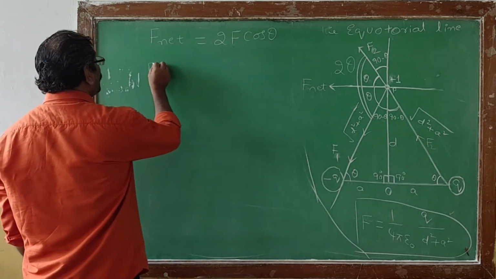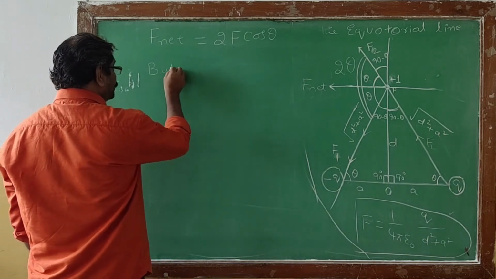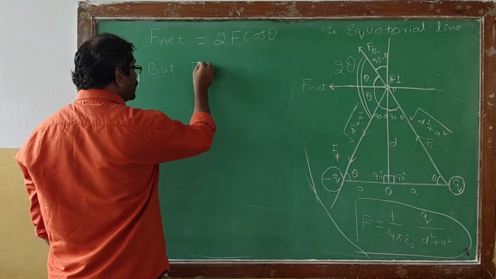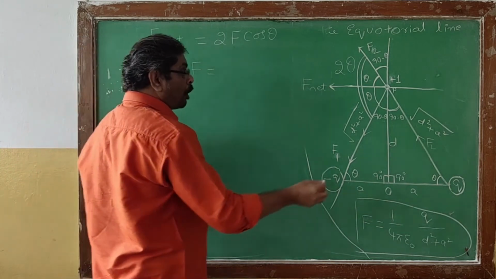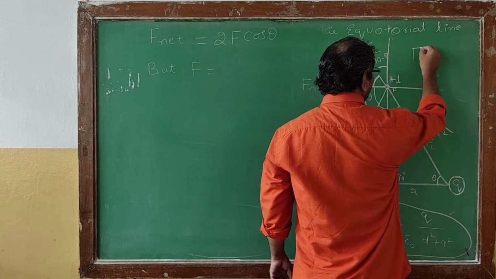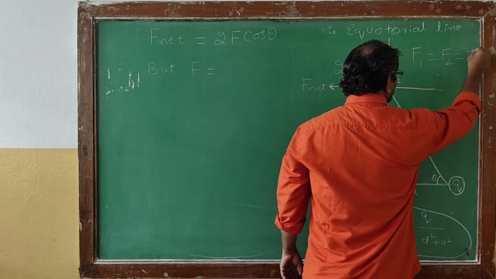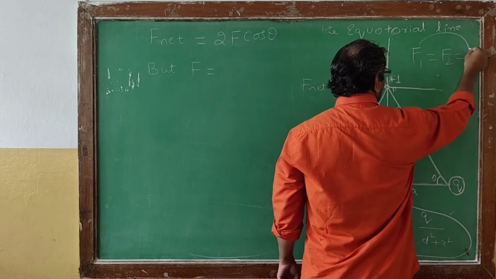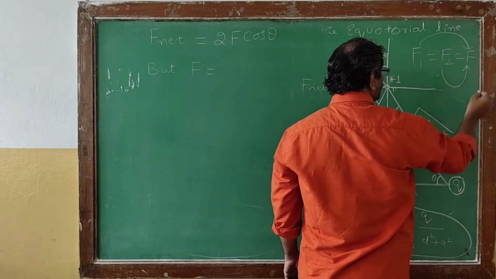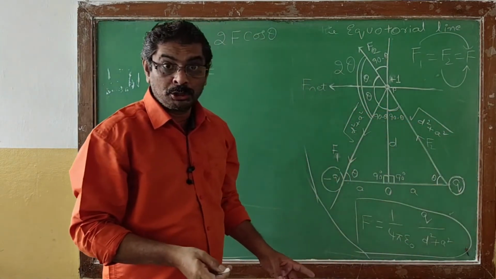So you already know the magnitude of F. Why? Because now you already know F1 will be numerically equal to F2 will be equal to F. So F1 will be equal to F, and F2 will also be equal to F.